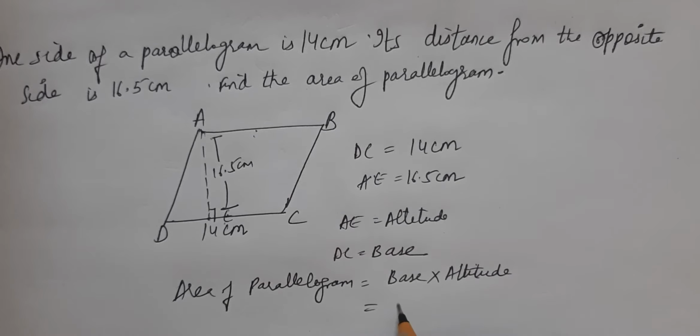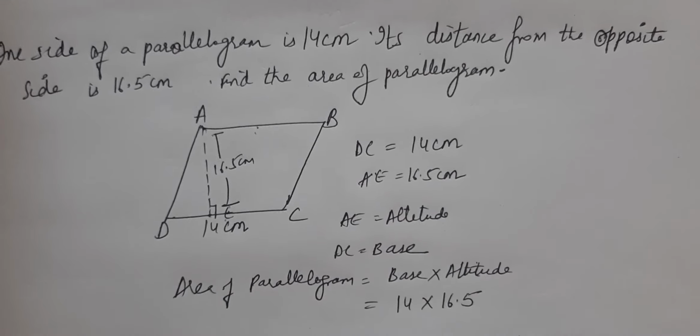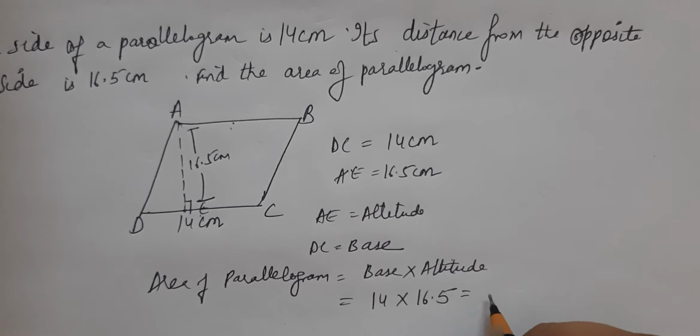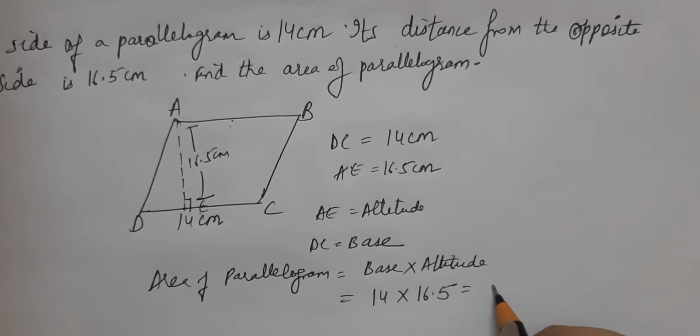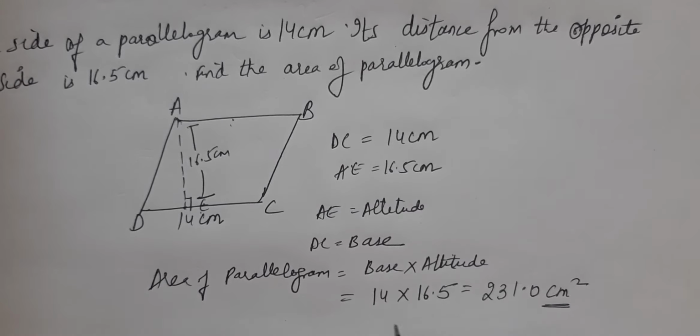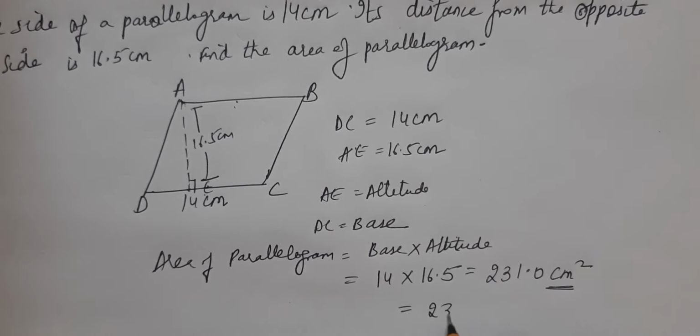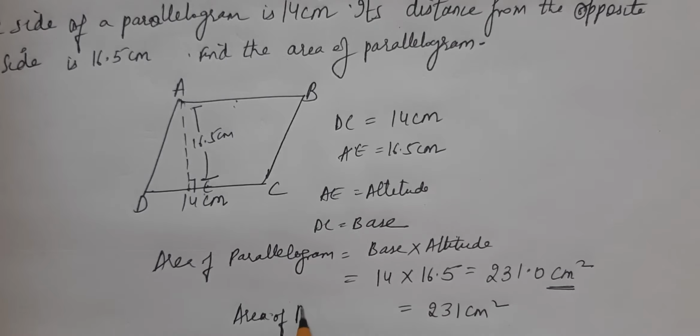So it will be 14 into 16.5, and whenever I find the answer, it will be 231.0 centimeter square. Very important to write the unit. So I can write it like 231 centimeter square, area of parallelogram.